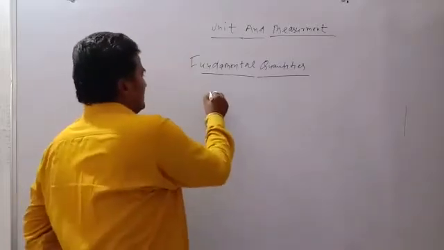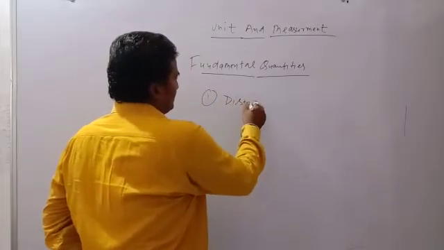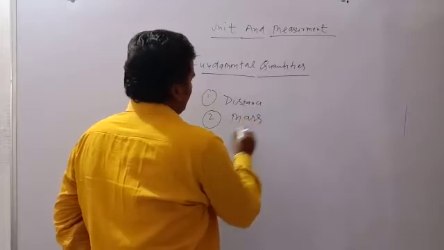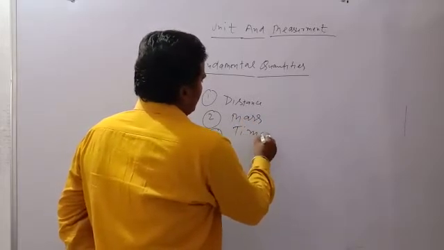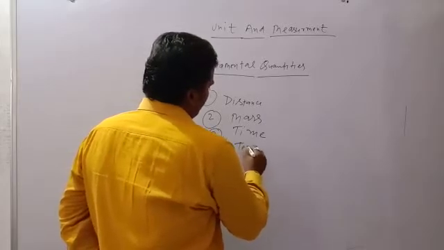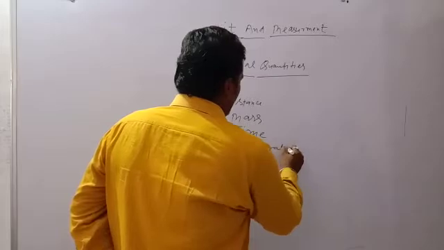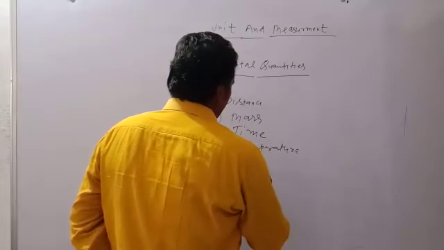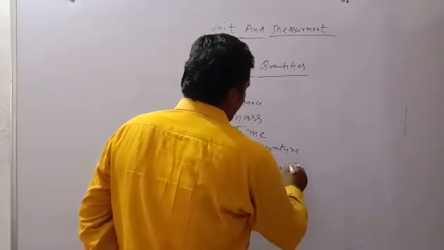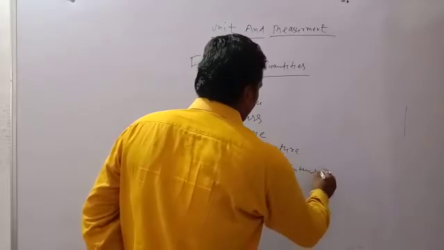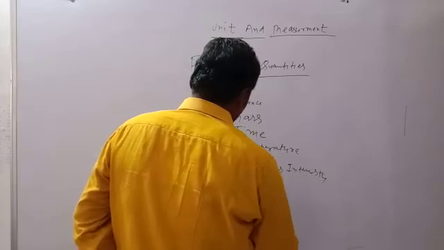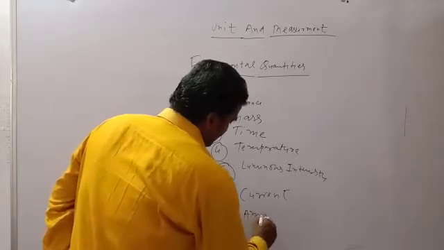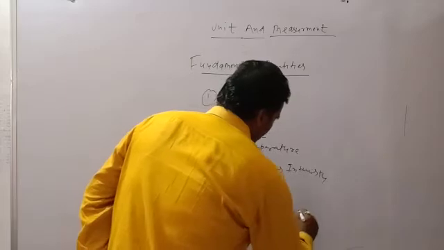First is distance, second mass, third time, fourth temperature, fifth luminous intensity, sixth current, and seventh is amount of substance.